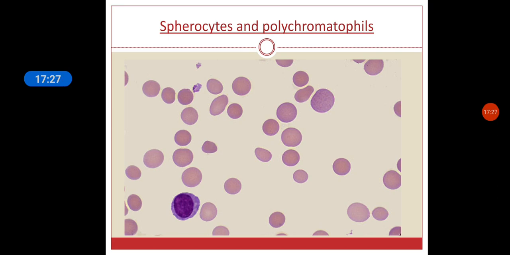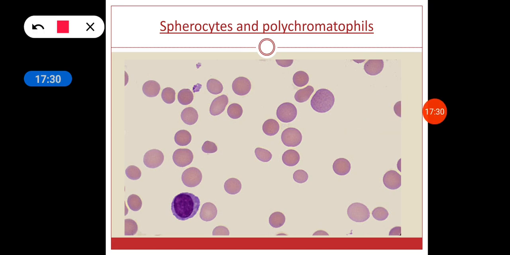So here, this is a spherocyte. See, nice and round, and there is no central pallor. It lacks that central pallor. All these are spherocytes.